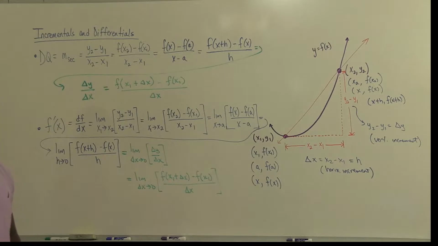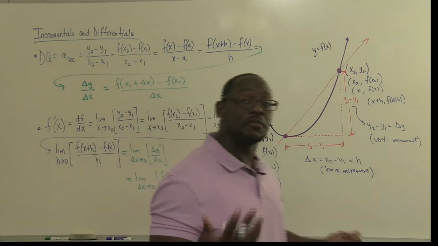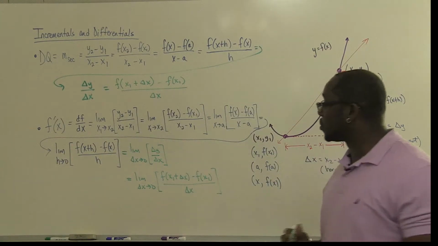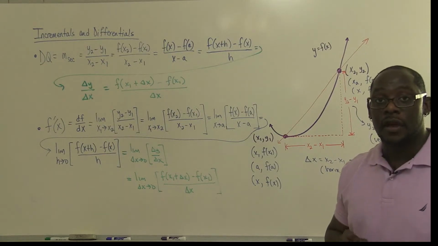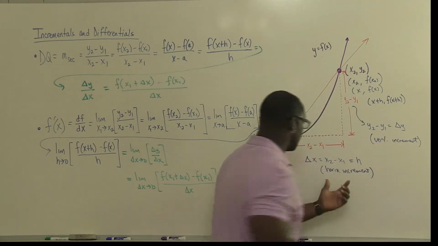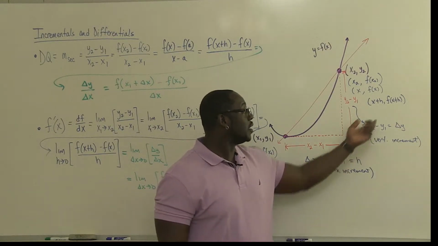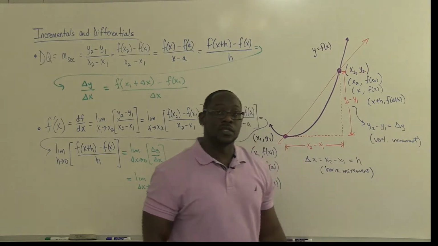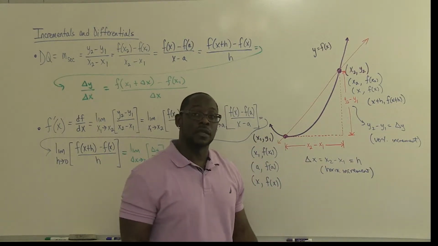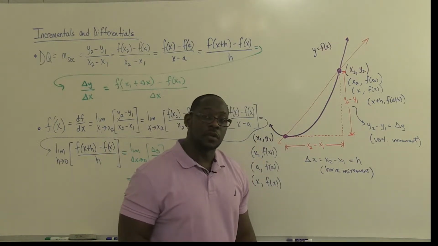So you can see here we're actually saying the same thing, but just in different ways. Now, again, I've said here that our delta x represents our horizontal increment, and delta y represents our vertical increment. So where does the differential part come in?